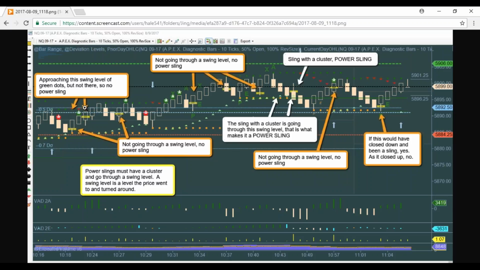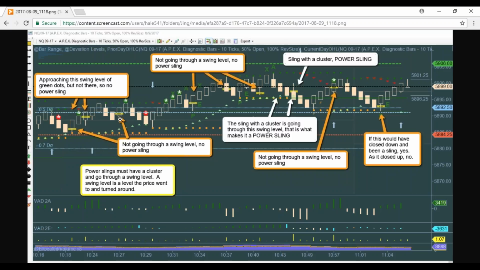See the green dots? But it's not there yet. So that is not a power sling. Does that make sense? Does everybody see that? It was a sling. It did have a cluster close to a level, but it cannot be under the level. It has to be going through the level. Okay? Everybody see that?